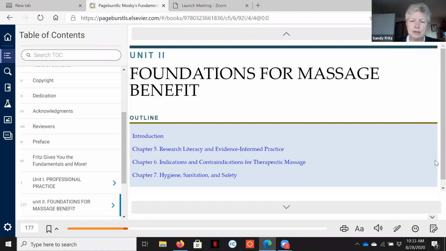And then with the contraindications, it's not really that we don't do massage for the most part. There's a few situations, but it's how do we adapt, either adapt the positioning, the pressure, the duration, how long we do massage. How do we alter it based on the unique situation of the client?